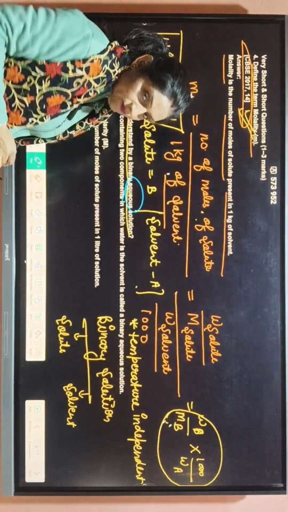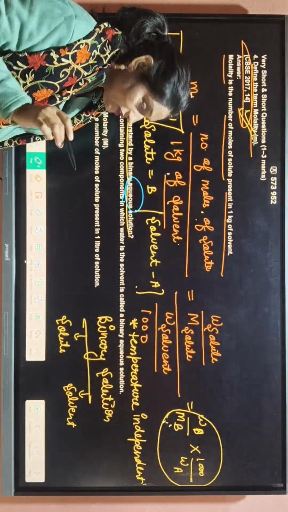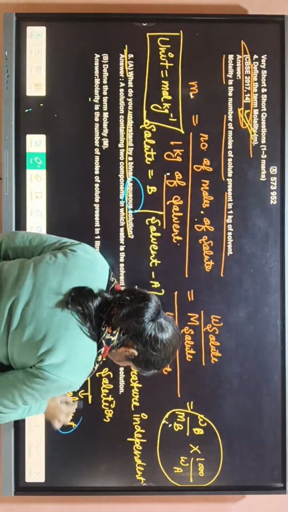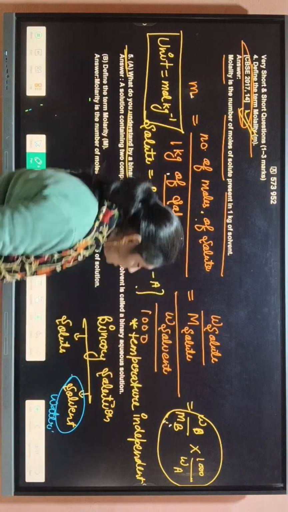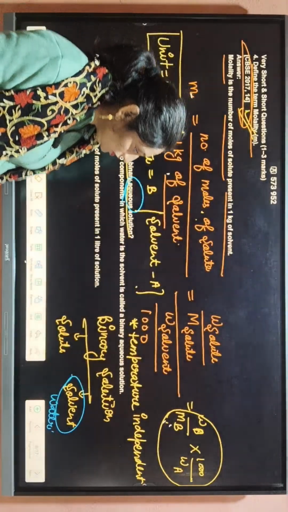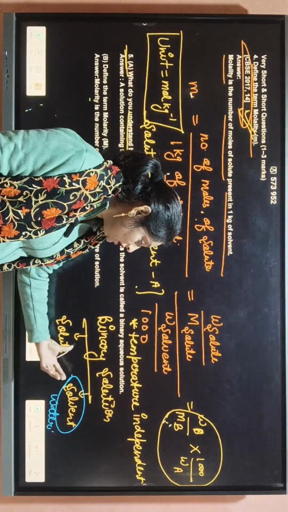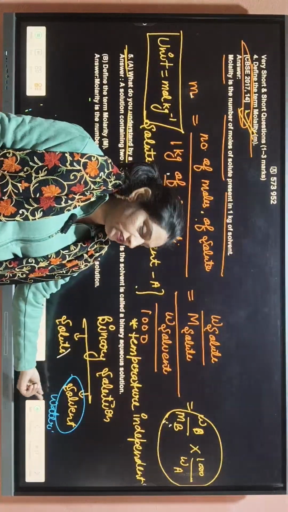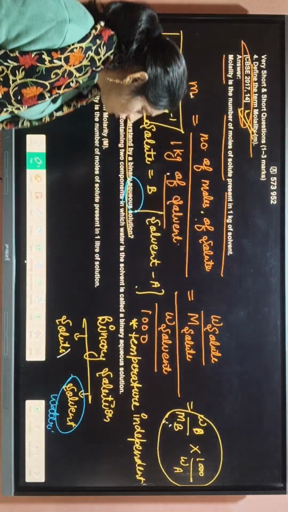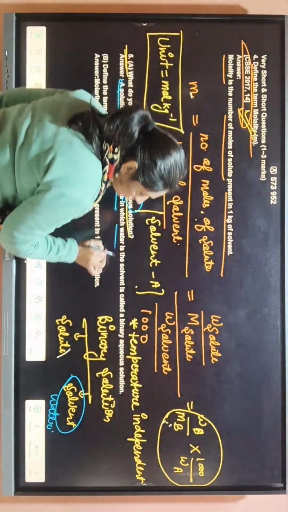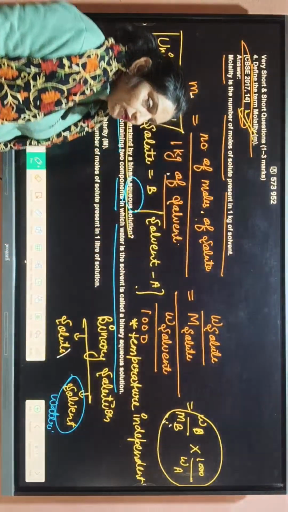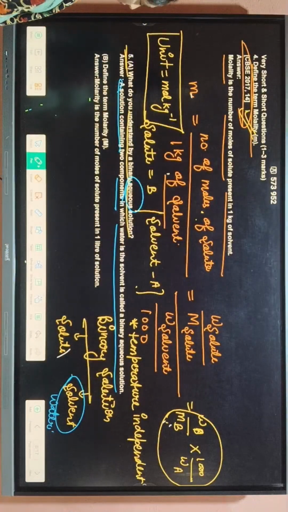Aqueous means water, so here your solvent is water. So a solution containing two components in which water is the solvent is called the binary aqueous solution.